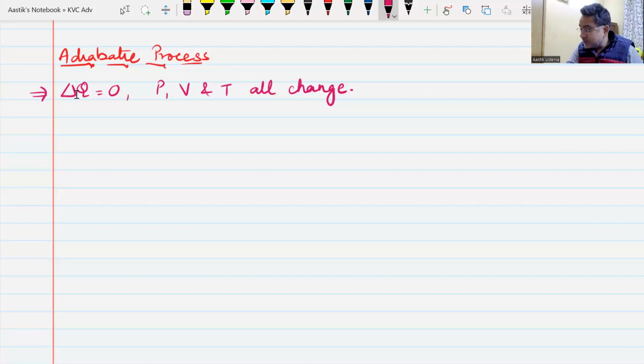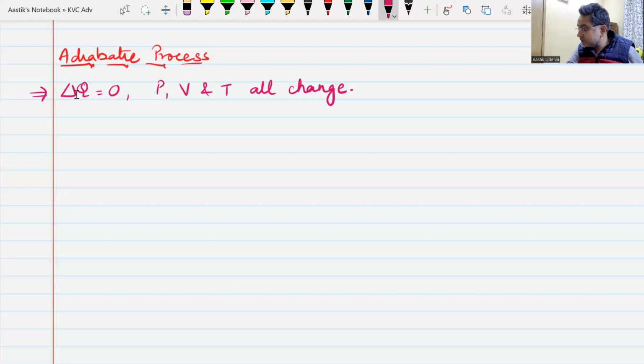How can I call a process perfectly adiabatic? What would be the initial condition, what should be the condition for a process to become a perfectly adiabatic process?